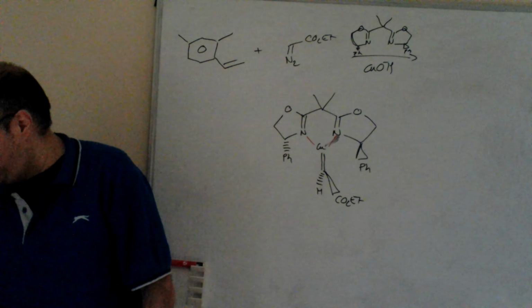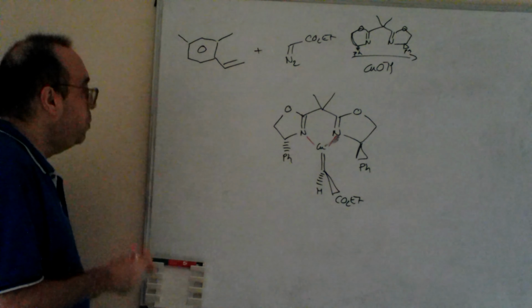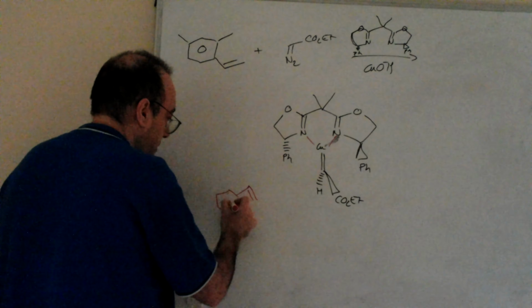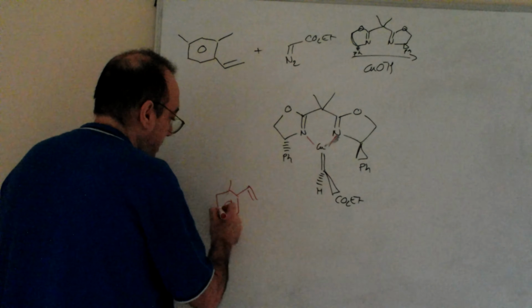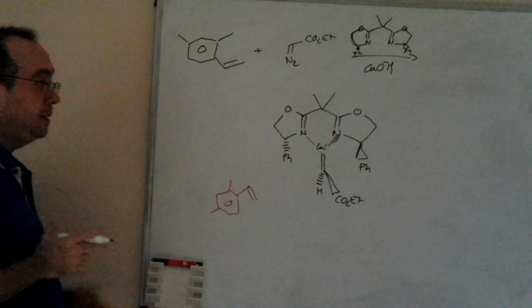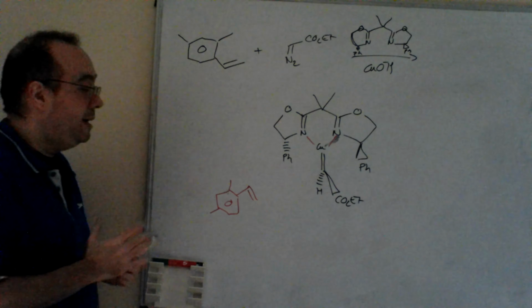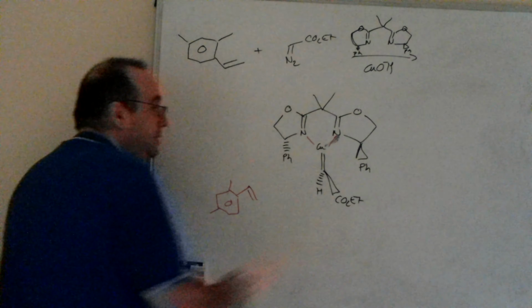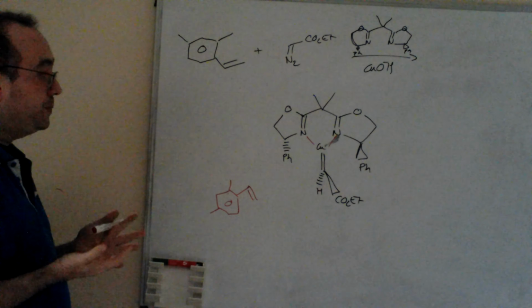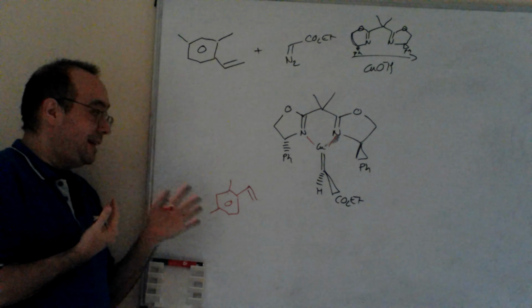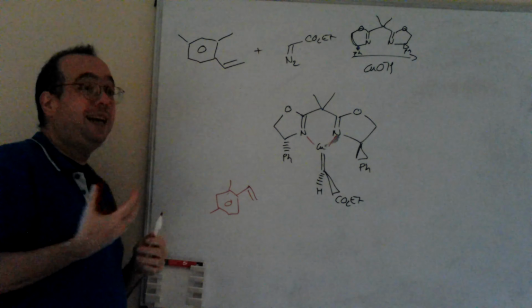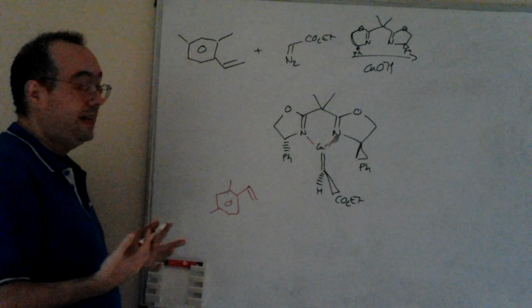And now the only thing we need to know is how the alkene is coming. The alkene has to approach from one of these two sides. Which side will it be? Normally the side that presents less steric hindrance.